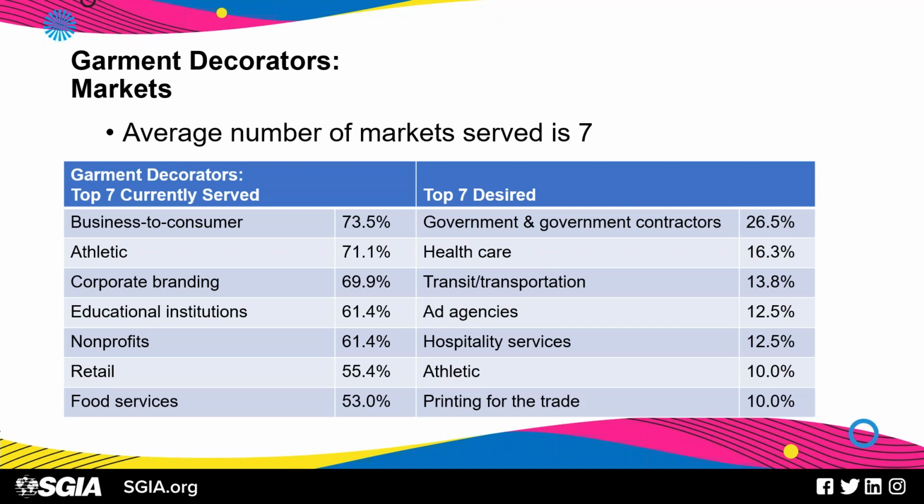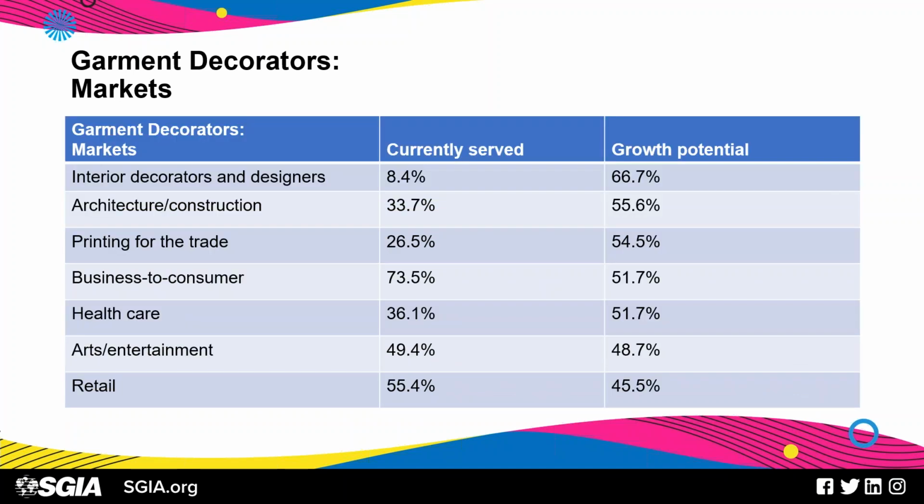What about the markets they serve? Top 7 currently served markets are business to consumer, athletic, corporate brands, educational institutions, non-profits, retail, and food services. The most desired are government, healthcare, transit, ad agencies, hospitality services, athletic, and printing for the trade.